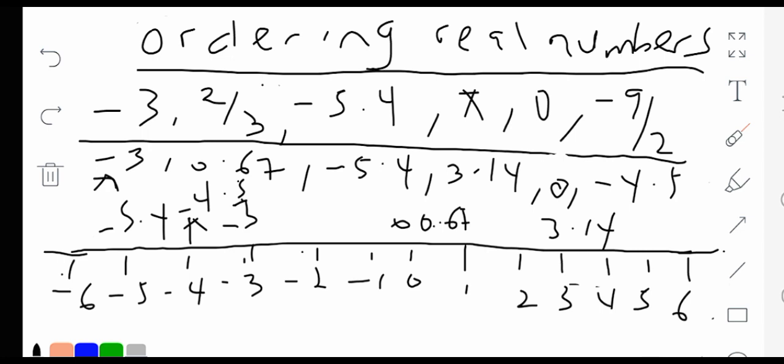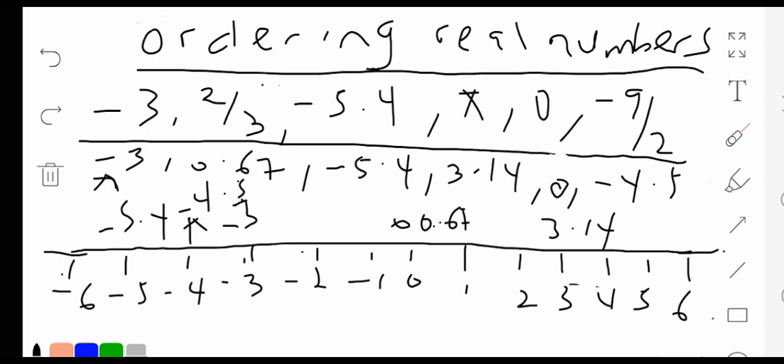Now it's for you to order them based on the number line. So look at the number line. That means minus 5.4 is the lowest. Following is minus 4.5. Then minus 3 will be the next one. 0, 0.67, 3.14. As simple as that.